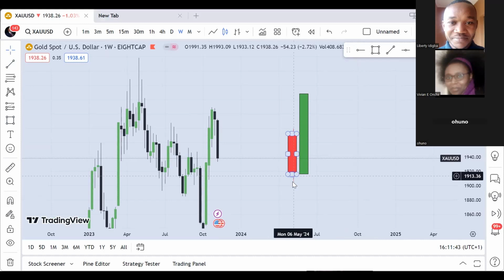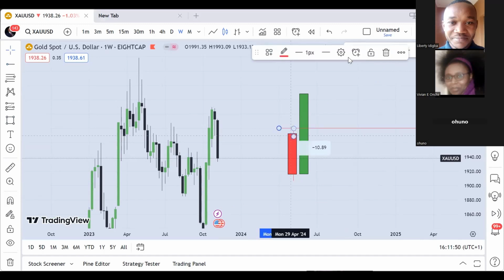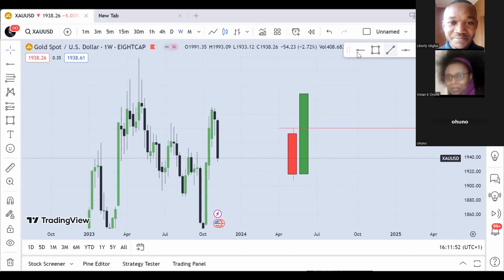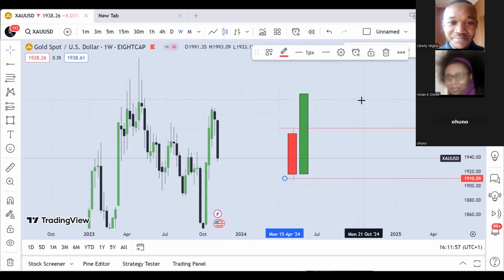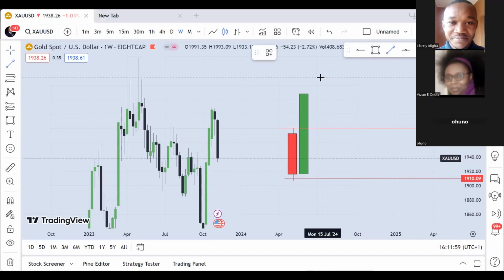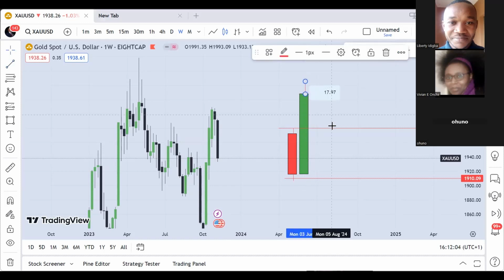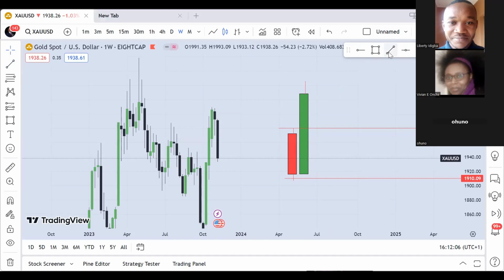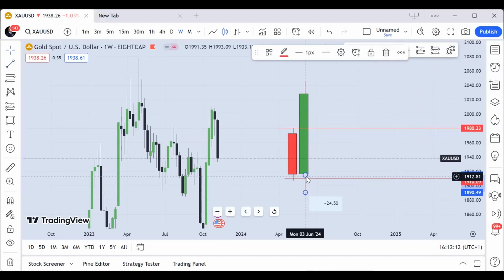Then after the bearish candle, you have a bullish candle that swallows it up, that eats up both the wick and the body of the bearish candle. That is what we call a bullish engulfing. This is a bullish engulfing scenario. And it happens on higher time frame. It can happen on weekly, monthly, daily, 4 hours, even 1 hour. We are going to look at examples, right?